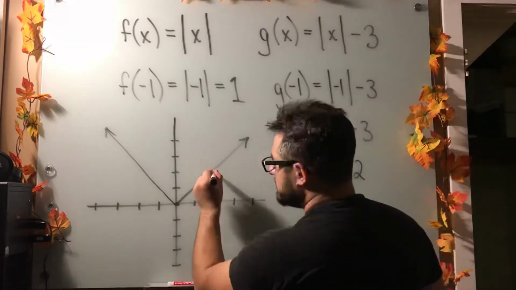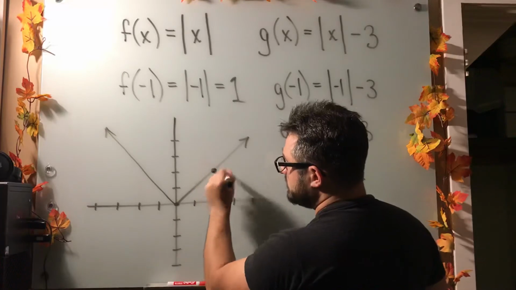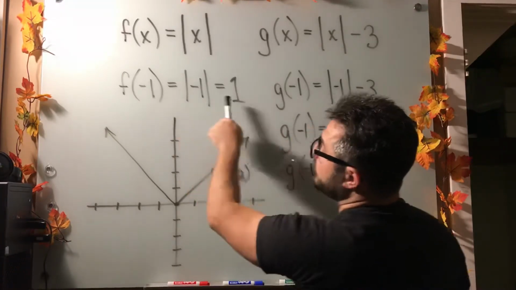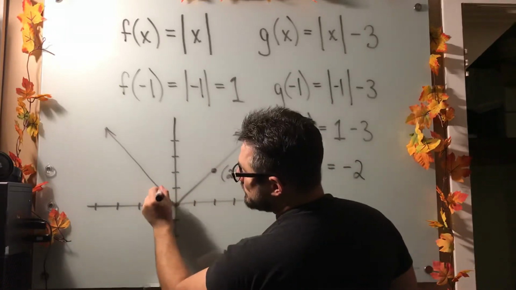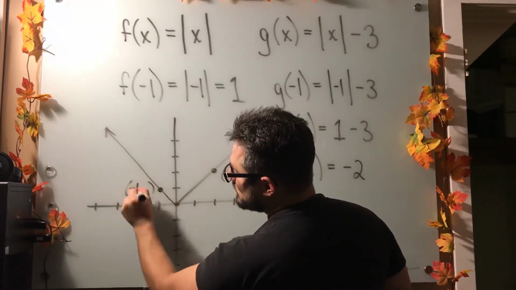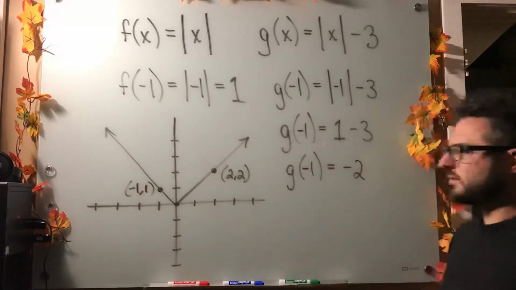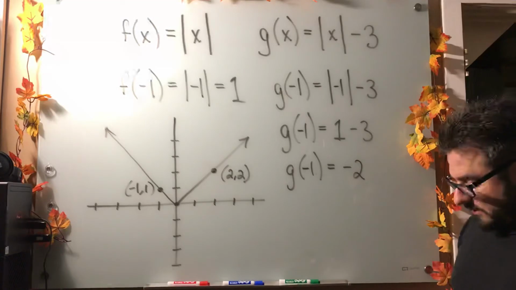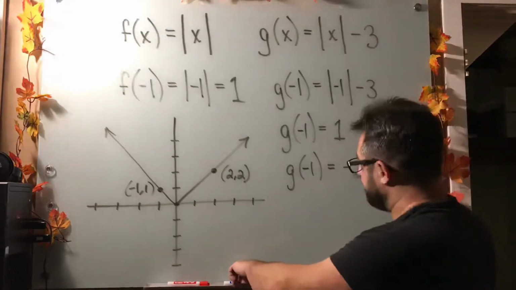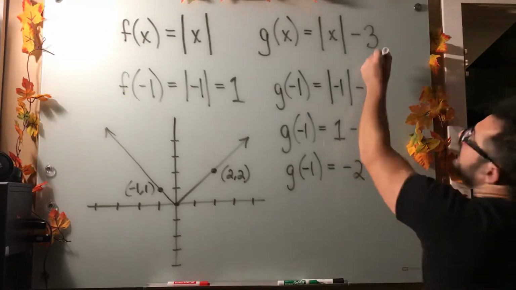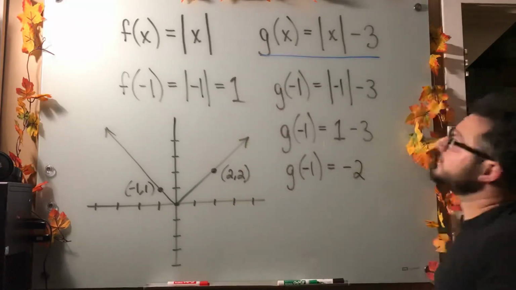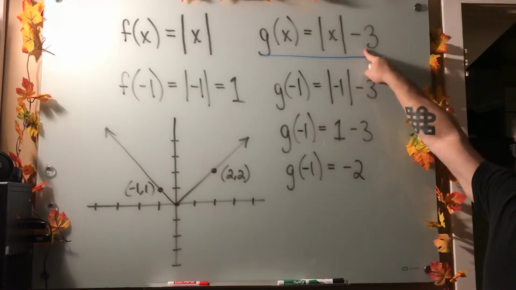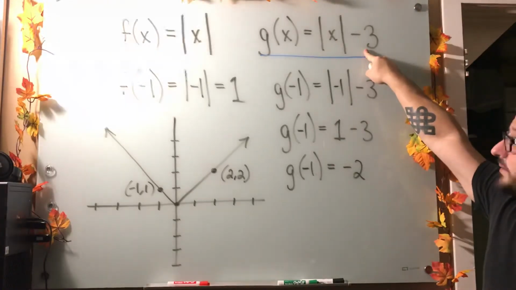I used (2, 2), and here (-1, 1). Now, I could do this with multiple points on the graph, and in practice we will. G of x then, we'll graph this in a different color. G of x should be a vertical shift down 3 units.